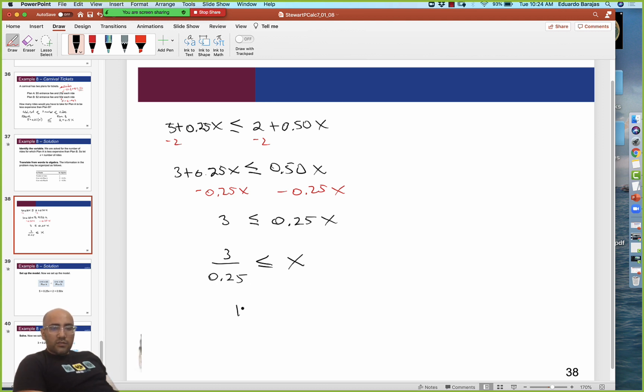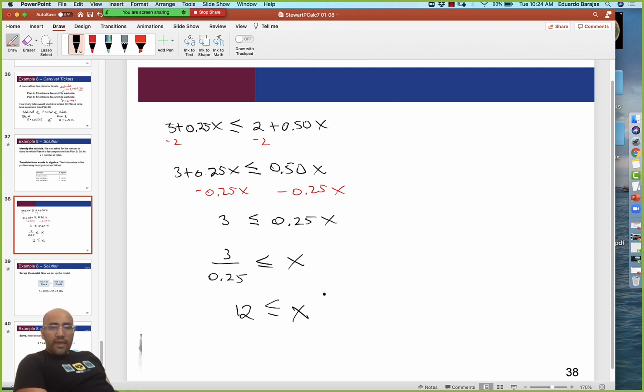And this goes into it 12 times. A quarter goes into $1 4 times, and there's 3, so that should be 12. It's less than or equal to X. So X must be bigger than 12. If you ride more than 12 rides, then Plan A becomes cheaper.